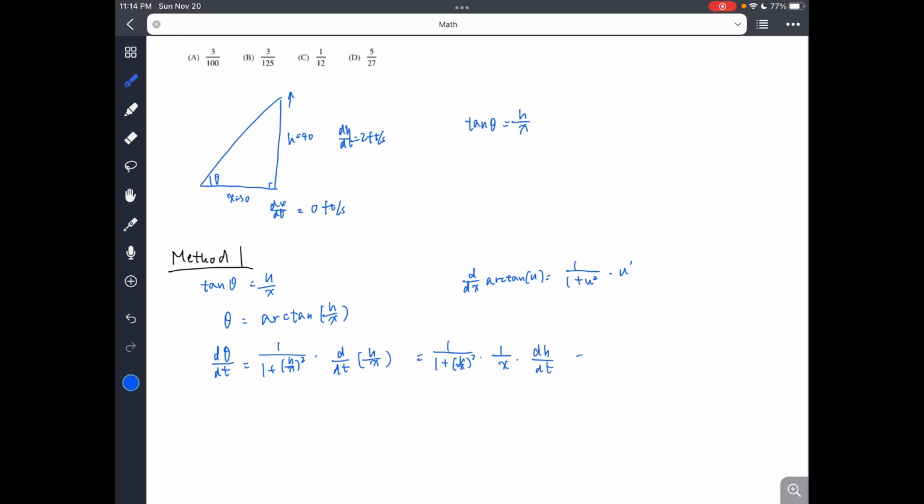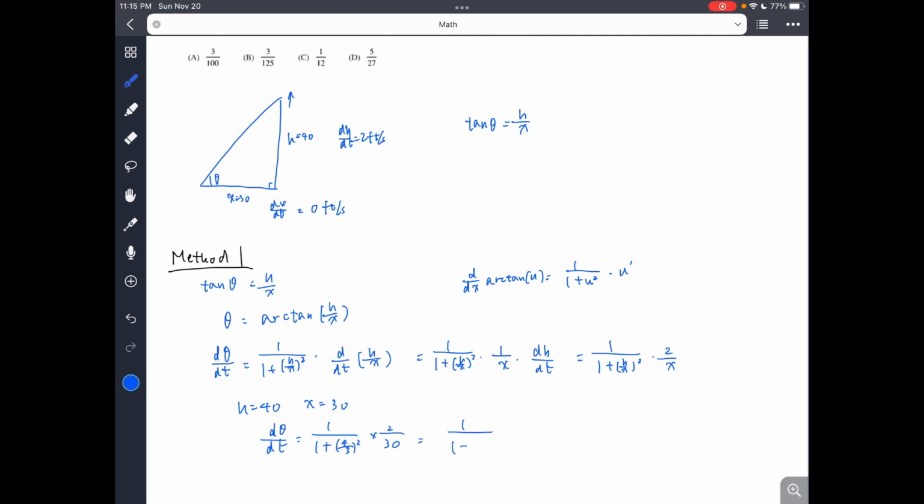And we know that dh dt is 2, so it's actually 1 over 1 plus h over x squared times 2 over x. In the particular situation where h is equal to 40 and x is equal to 30, we can sub it in, so d theta over dt is equal to 1 over 1 plus 40 over 30, which is 4 over 3, squared, times 2 over 30.